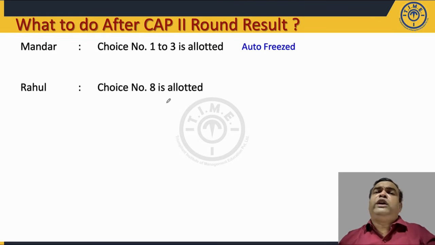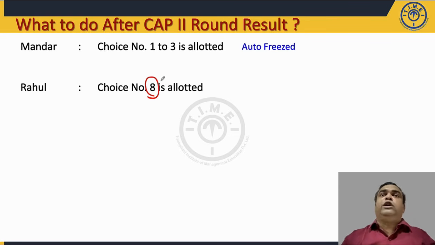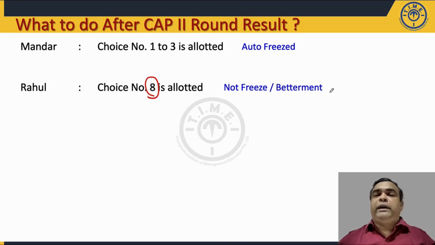Earlier Rahul was allotted college 15. He did not take the admission. Now he is allotted college number 8. What should be his action? I will suggest, he says, I'm okay with college number 8, but I want to see for a better option. So he'll choose not freeze or betterment. But whenever you choose not freeze, you have to pay that seat acceptance fee of 1,000 rupees.